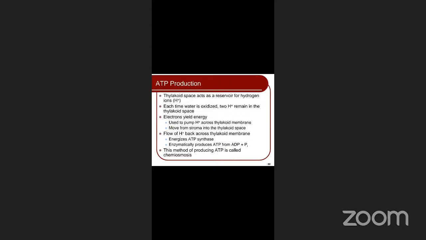Photosystem 1 may also transport electrons back to plastoquinone rather than NADP. This formation of ATP by this electron transport pathway is known as cyclic photophosphorylation.